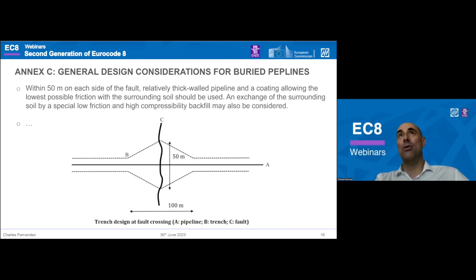It also makes sense to put some coating on the pipeline to decrease the friction. If we decrease the friction, we also decrease the influence of the moving soil on the pipeline, because then the soil is more or less moving around the pipeline. And this is really beneficial and will lower the maximum strain and the stresses that occur within the pipeline.